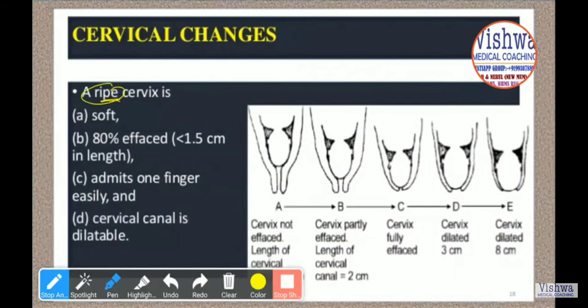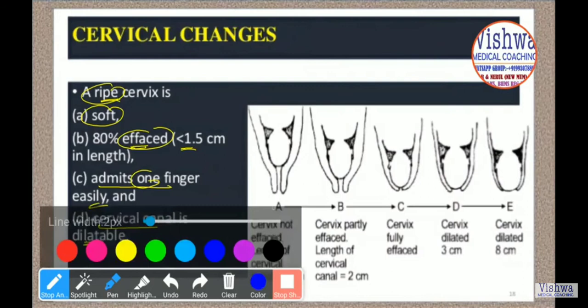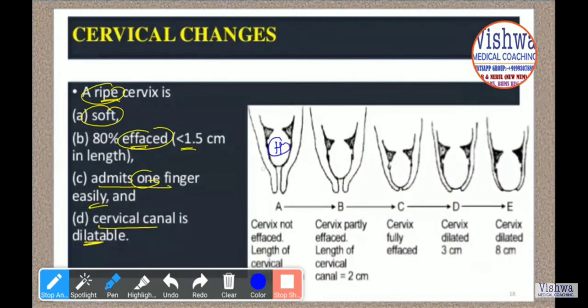That means the cervix becomes soft and effaced. Effacement is the thinning of the cervix, and it admits one finger, and then the cervical canal is dilatable. Let's say this is the fetal head. Initially the cervix was long, then the cervical length reduces and it becomes very thin, and then the cervix starts dilating.